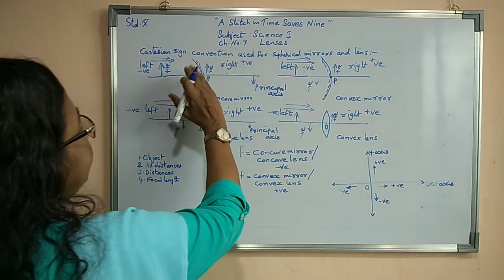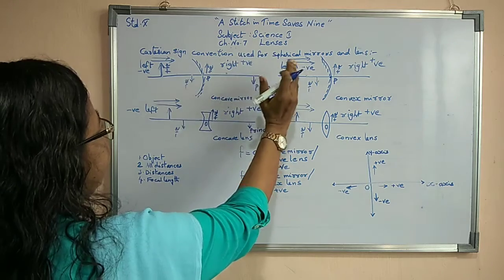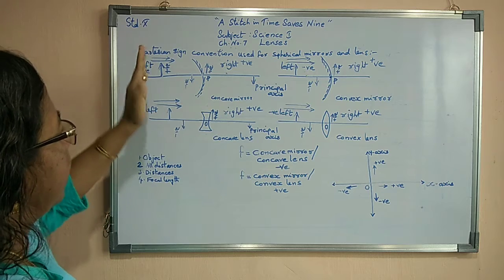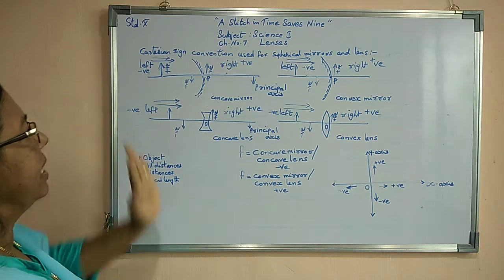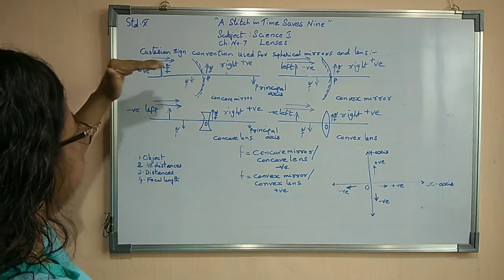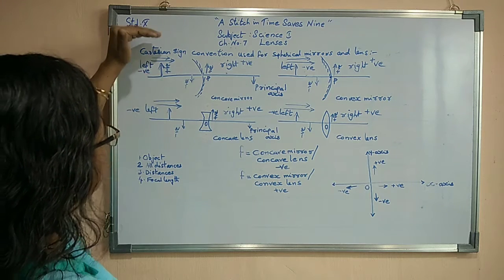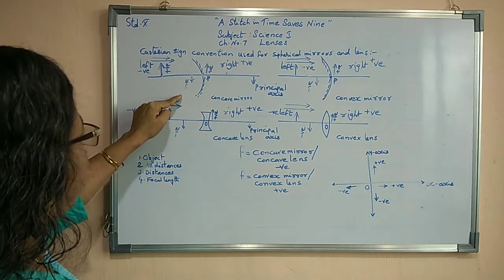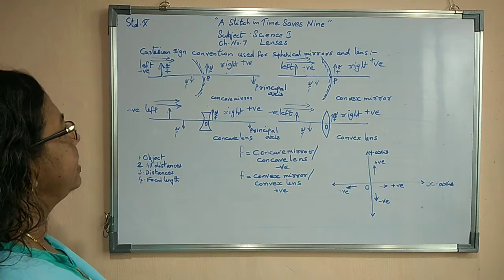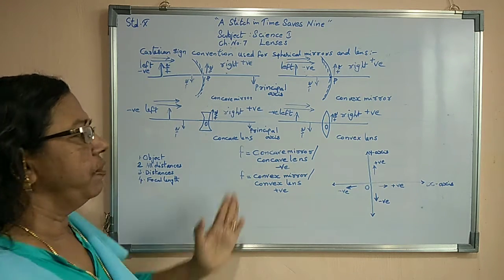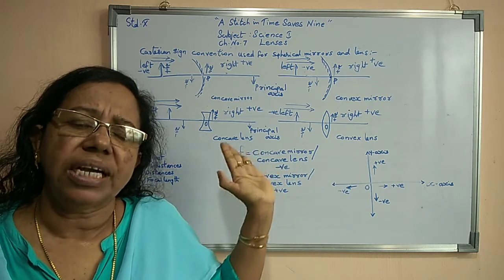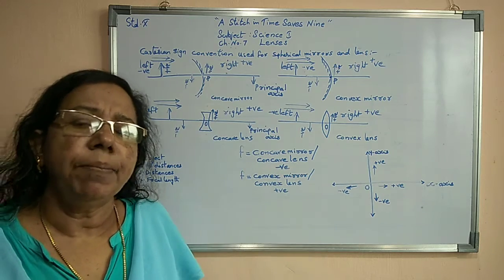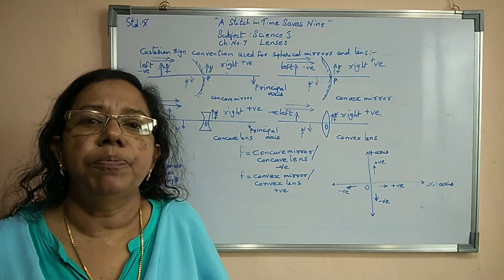Third thing, distances right of the mirrors as well as lenses are counted as positive, left of the mirrors or left of the lenses taken as negative, distances perpendicular to and above the principal axis taken as positive, distances perpendicular to and below the principal axis taken as negative, focal length of concave mirror and concave lens will be negative, focal length of convex mirror and convex lens will be positive.